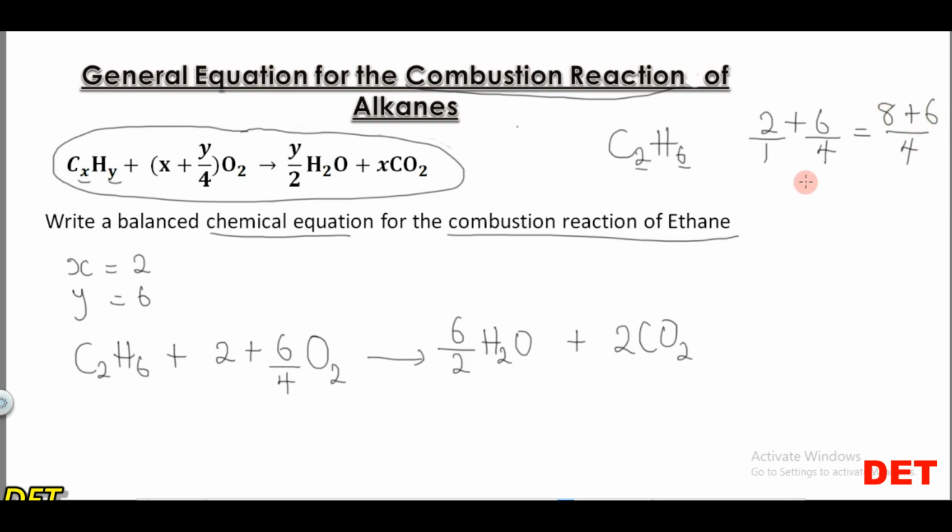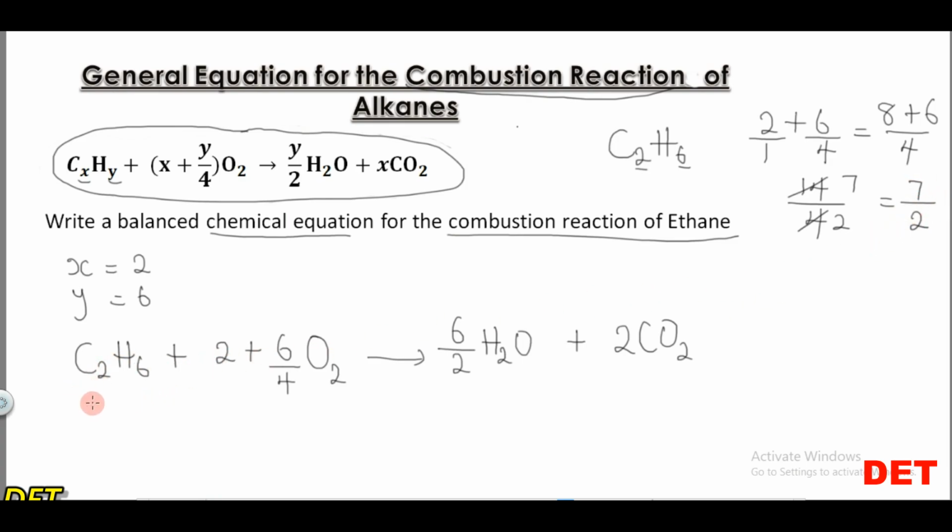So 8 plus 6 gives 14 over 4, which simplifies to 7 all over 2.